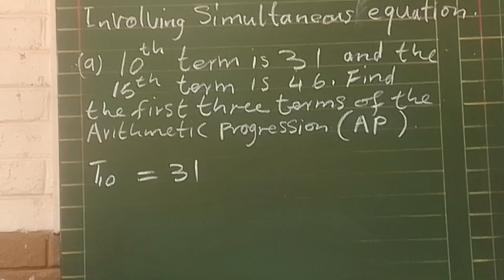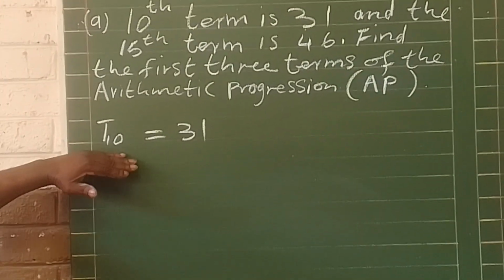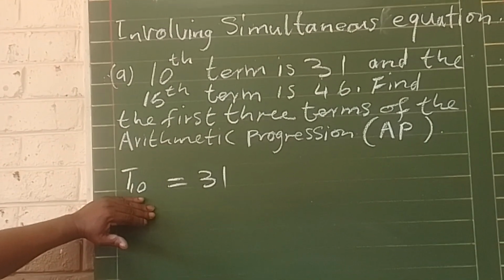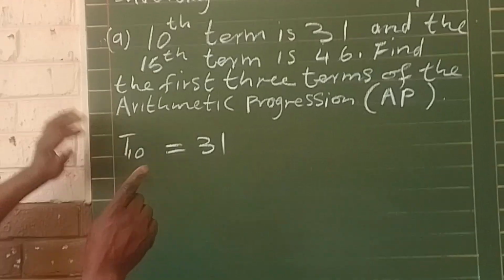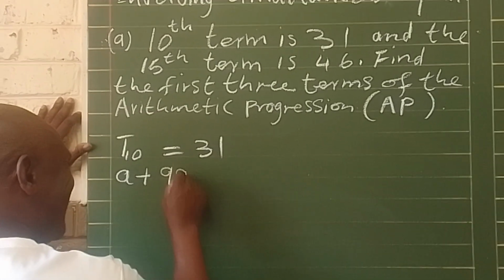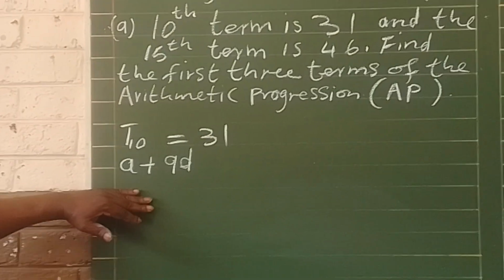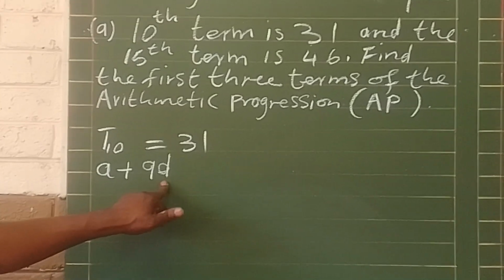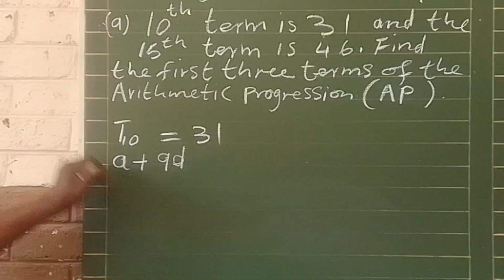You see? So, from the beginning, where we started, term number 10 is represented by a plus 9d. Remember? 1 less than the term number multiplied by the common difference.